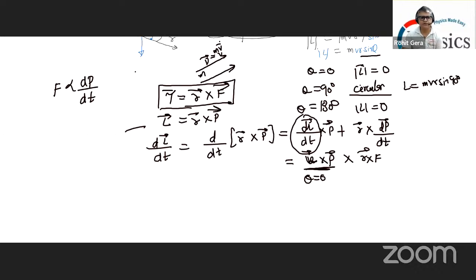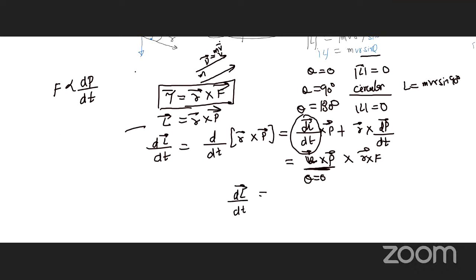The only thing you're left with is dL by dt is equal to R cross F.